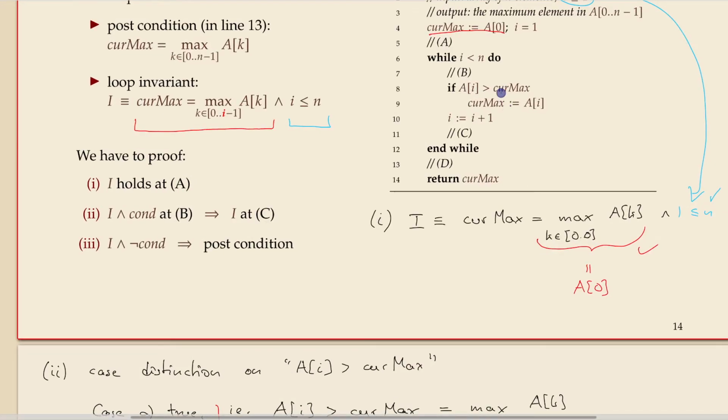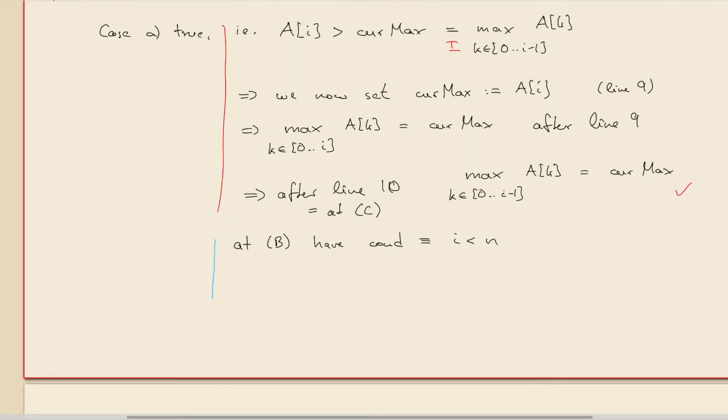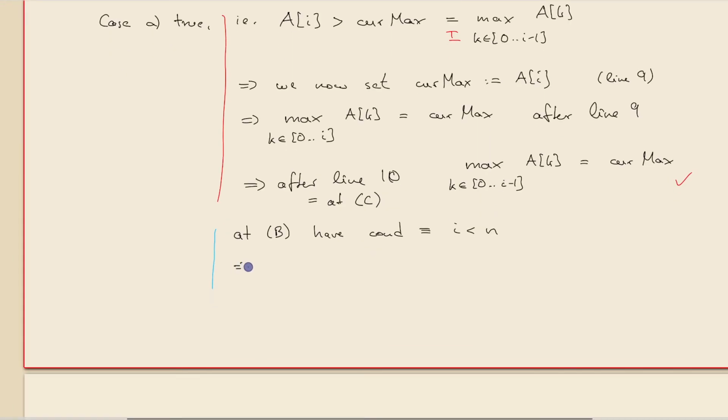Actually, no matter what happens in the if statement, that doesn't touch I, but we'll always increment I afterwards. So by the time we get to C, we'll have made I one bigger. So we can only say that I minus 1 is less than n. But that still implies that I is less or equal n because it's integers.